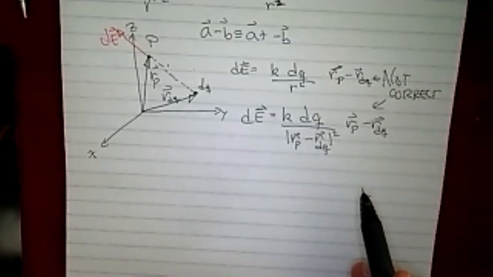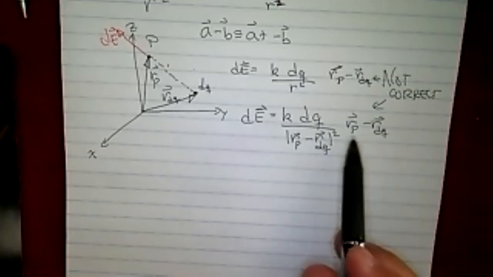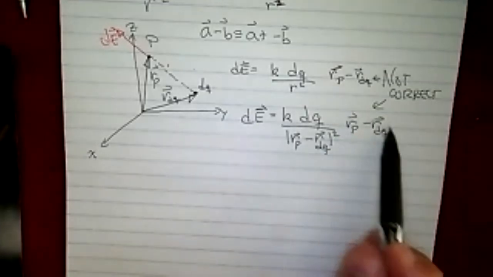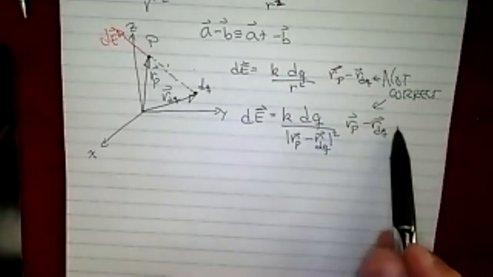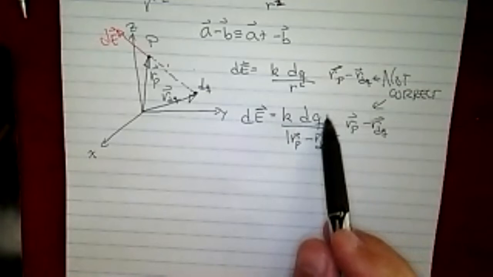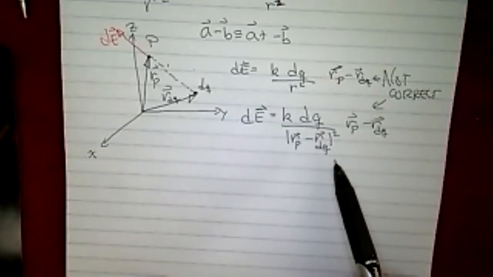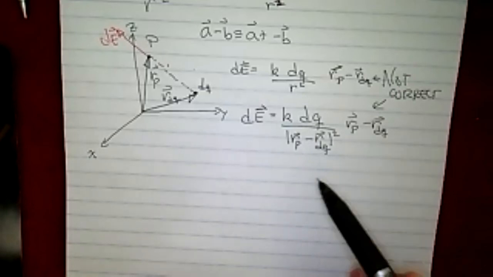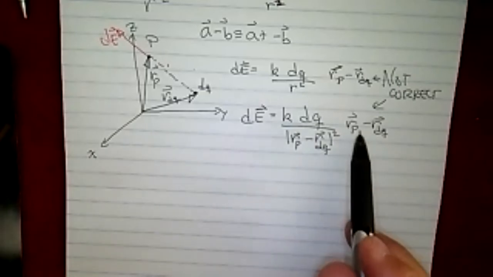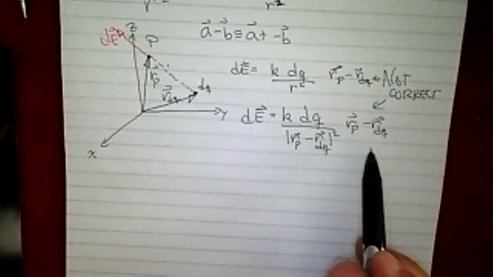That is exactly right. But another way of thinking about it is, maybe I shouldn't have multiplied by this from the get-go. Maybe I should have taken this vector, found a unit vector that points in the direction that this one does, and then multiplied that by it, and that would be fine too, because any unit vector is in fact the vector that you want divided by its magnitude.